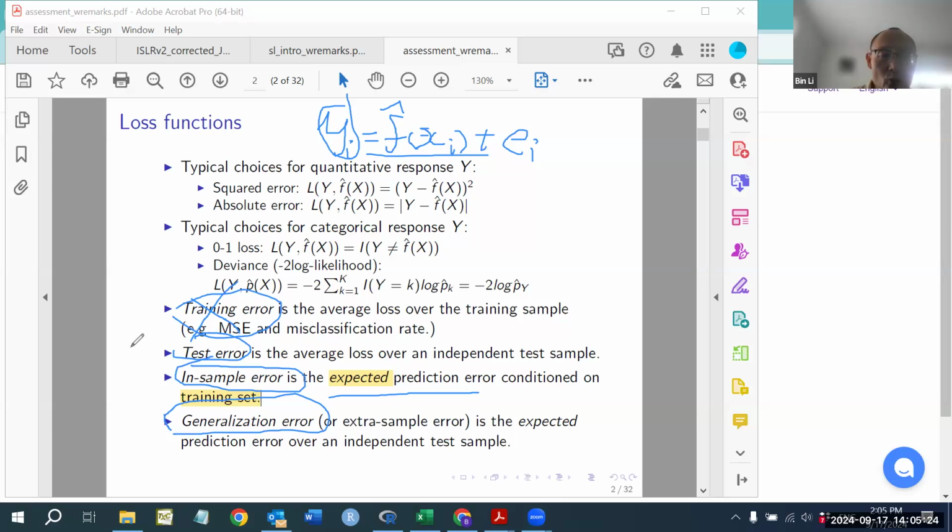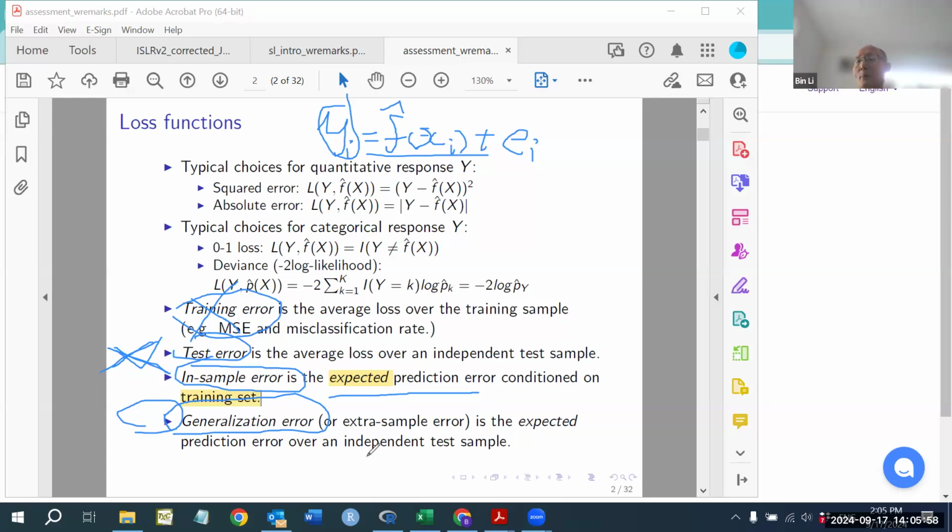Many people will say we want to find a model to minimize test error. Is that right? No. Minimizing the test error is good, but that's not our ultimate goal. Our ultimate goal is to find a model which minimizes the generalization error. That will minimize the expected prediction error over any independent test set, not just this independent test set.